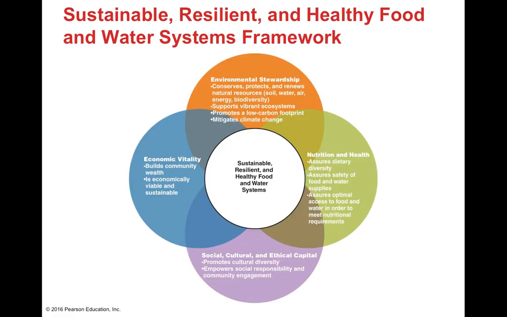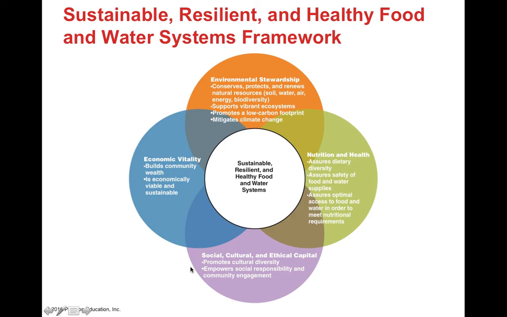So in order for us to have sustainable, resilient, and healthy food and water systems, we have to have overlap from multiple different levels of framework. Namely, we have to have environmental stewardship, and nutrition and health, so we have a population that is driven by levels of nutrition and human health in order to assure dietary diversity.